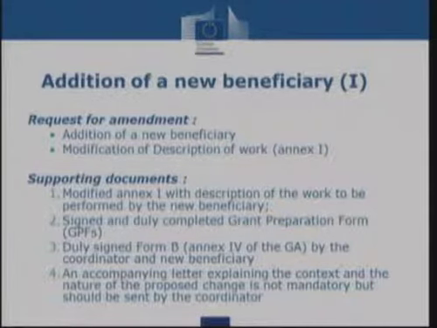Again, you have to submit or enclose the supporting documents same as for addition of a new beneficiary, with an additional document, that is the financial documents in case they are necessary for verification of the financial capacity of the new coordinator, and also in the GPFs not only the signed A25 and A26 form, but also the new form with the banking detail of the new coordinator.